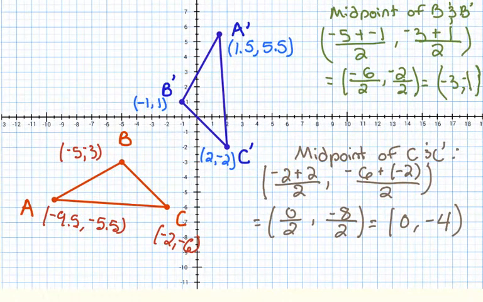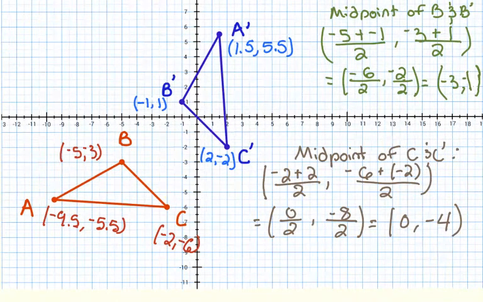In case you got lost anywhere, you can see all your work here, and we'll go through it real quick. So for B to B', for your x-coordinate, you should have had -5 plus -1 divided by 2. And for your y-coordinate, you should have -3 plus 1 divided by 2. So that gives you -6 divided by 2 and -2 divided by 2, which is where we get our point -3, -1.